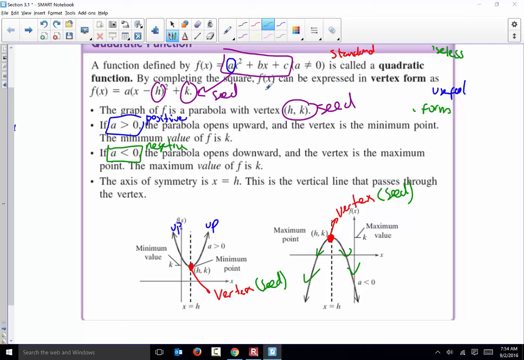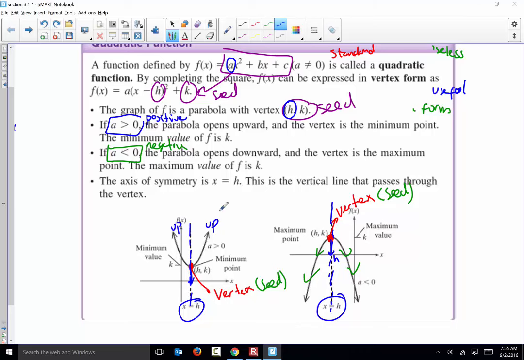Okay? How about the axis of symmetry? This number, the first coordinate of the seed, in other words, the x coordinate of the seed is here. There is a vertical line going up and down at that location H. It's called the x equals H line, because any vertical line has x set equal to a number.